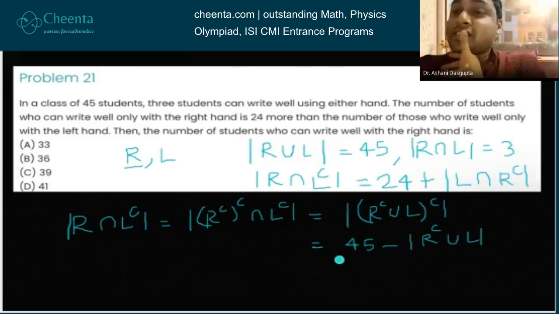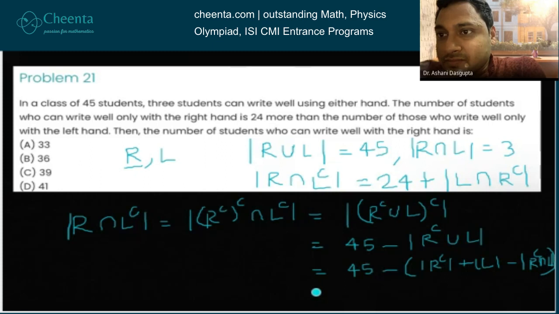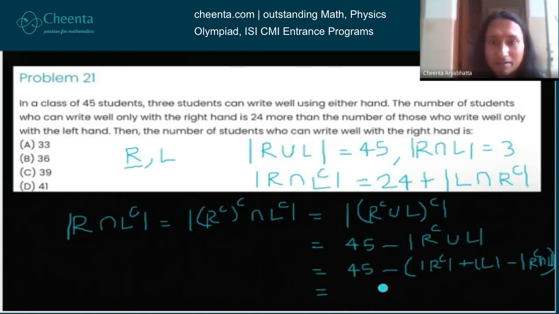Then we can break this up, which is R complement plus L minus R complement intersection L, like De Morgan's law. Then we can rewrite it again: R complement intersection L plus 45 minus R complement plus L.